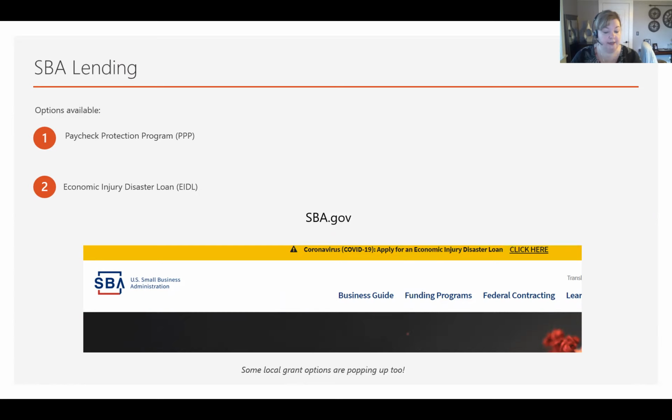So you don't have to necessarily be an entity, but it is one that happens at your bank. The banks have come in to set up these PPP loans. You would go to your bank. Many banks have said if you don't already have a relationship with us, we're not doing them new. So you want to go to your existing bank that you have a relationship with, and it's any bank that's approved to provide 7(a) loans. If you call your bank, they'll tell you if they do it or not.